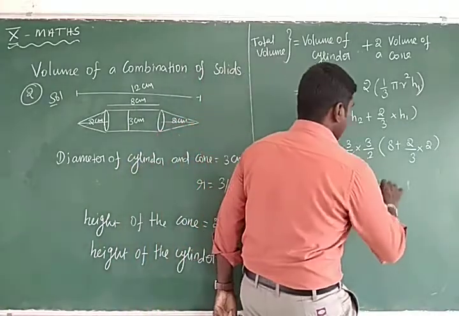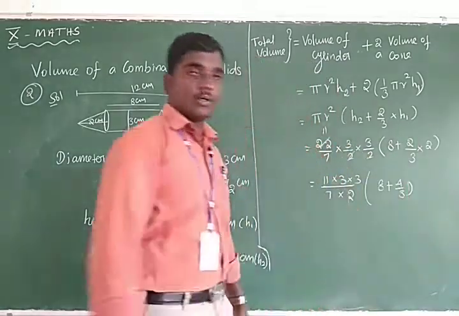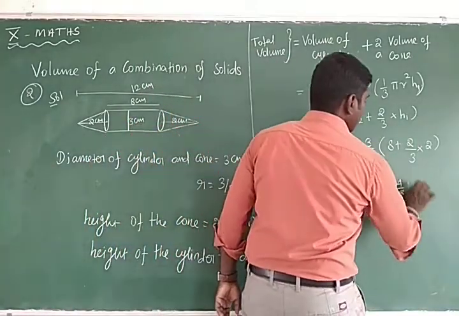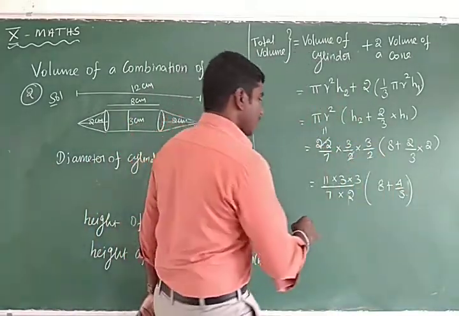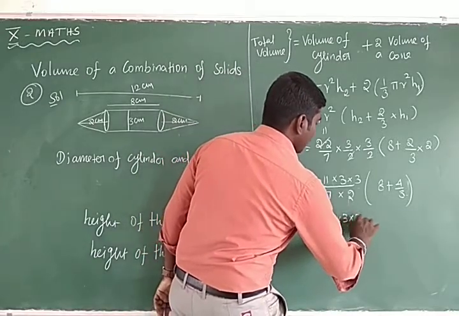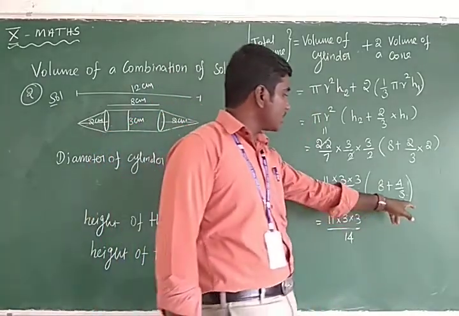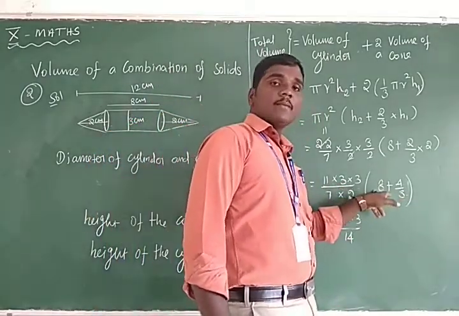Now simplify 8 plus 4 by 3. 2 2s are 4. We want to take LCM or cross multiplication. So 11 into 3 into 3 divided by 14.